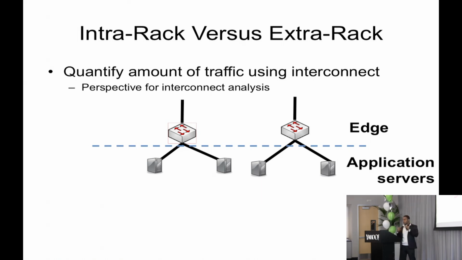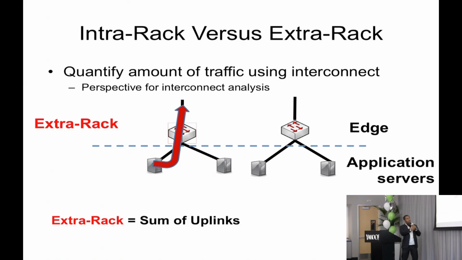To figure out how much traffic is staying in the rack versus leaving the rack, we first know how much traffic is leaving or going on the uplink. The SNMP information tells you how much traffic is going up here. So we can figure out the extra-rack traffic, all the traffic leaving the edge. And then we have SNMP that tells us how much traffic is being sent up by the servers.